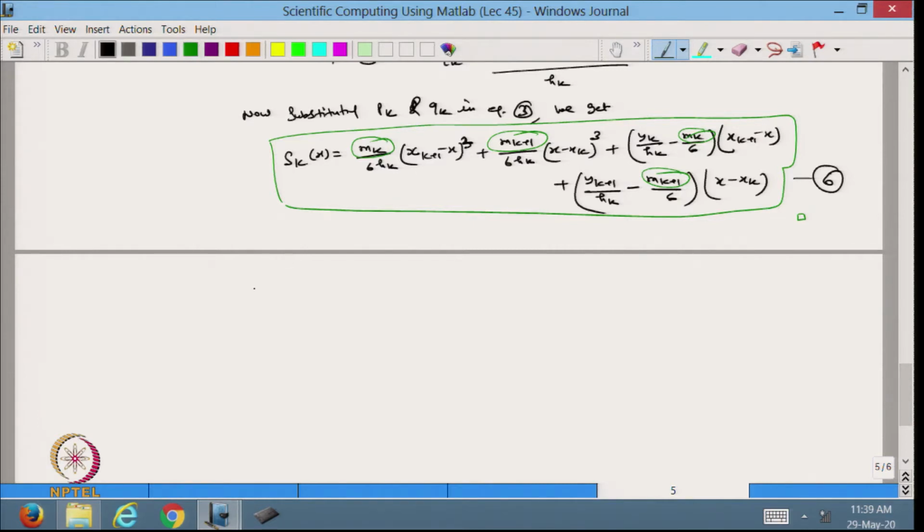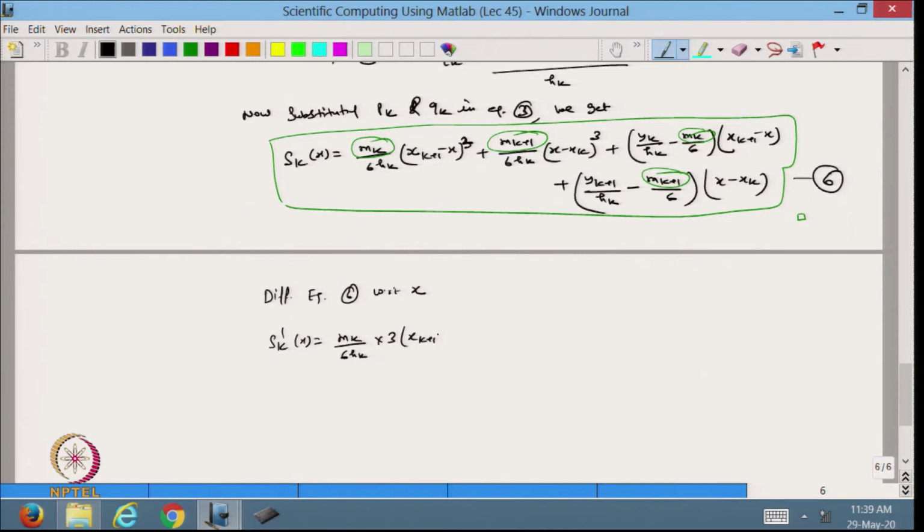Now, from equation 6, differentiate with respect to x. So I will get sk dash x is equal to mk by 6 hk into 3 times (x_{k+1} minus x) square, minus 1, plus mk plus 1 by 6 hk into 3 (x minus xk) square.